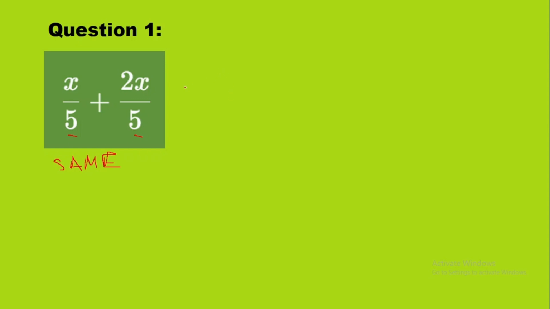So let's go. All we'll be doing is adding our equal sign. We'll put our denominator down, which is common for both fractions, just 5.